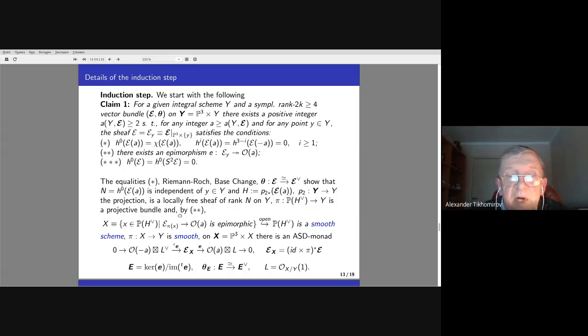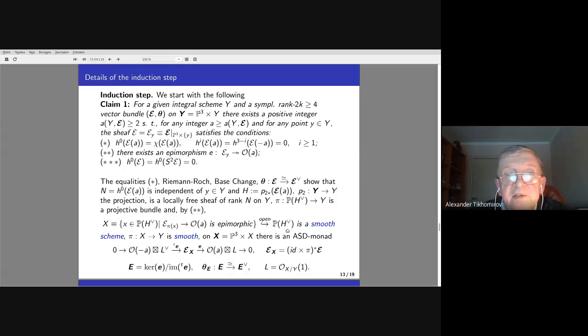This is a projective bundle, and if you use the second condition, 2 star, and look at those points in this projective bundle for which E at the point lying downstairs of X is epimorphically mapped onto O(A), that is just the Zariski open non-empty subset.